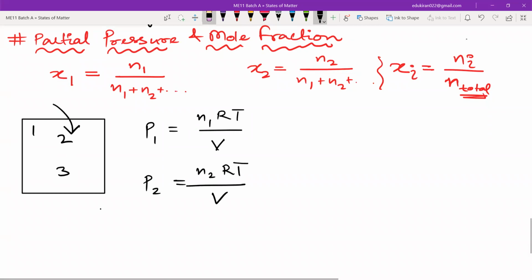Since they are occupying the same volume, the volume is also the same. The gas constant is the universal gas constant, the same for each of the gases. Then P3 will be equal to N3 RT by V.